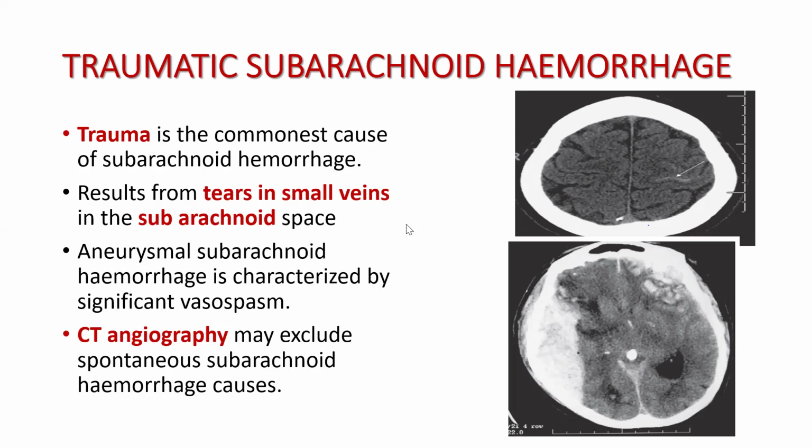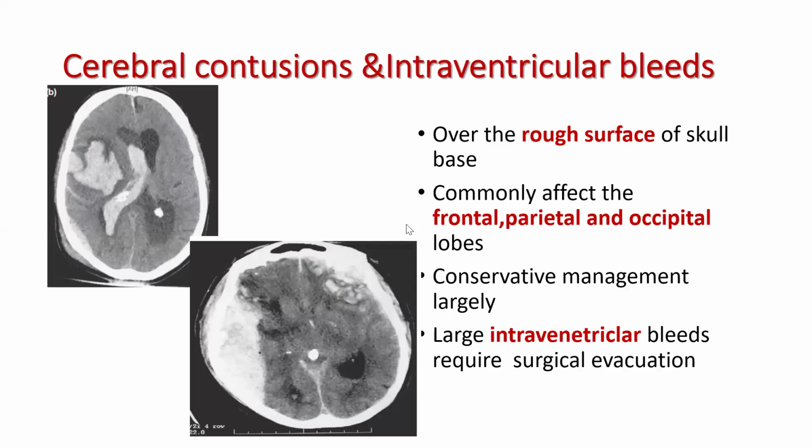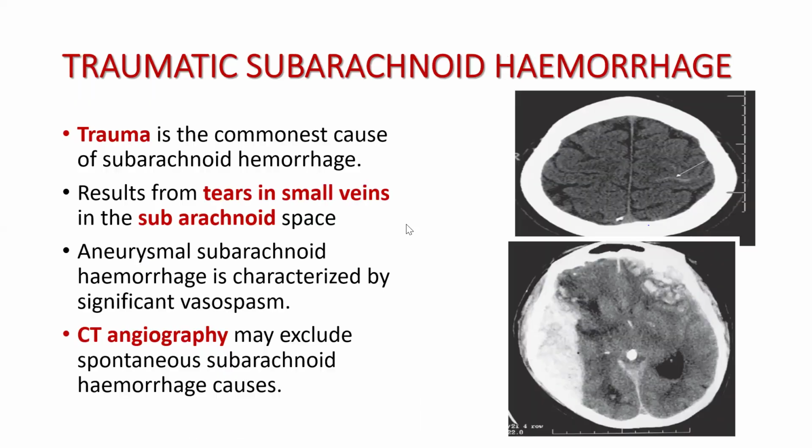CT angiography may exclude spontaneous subarachnoid hemorrhage causes. The image on the right upper corner illustrates a subarachnoid hemorrhage. If you can see, it has an arrow, and where my pointer is, there is a subarachnoid hemorrhage.